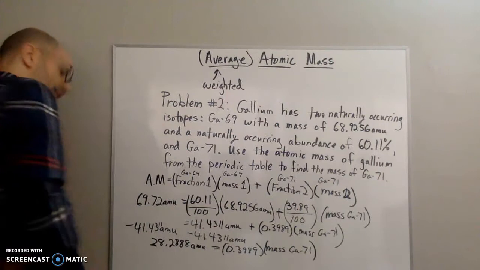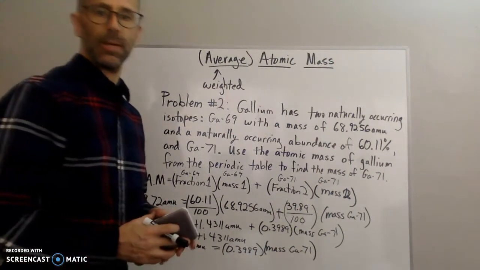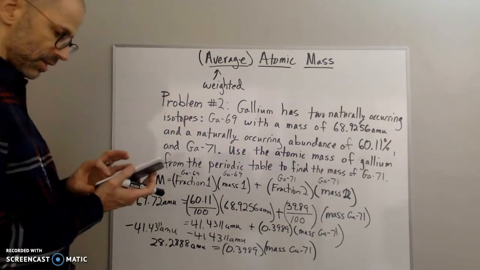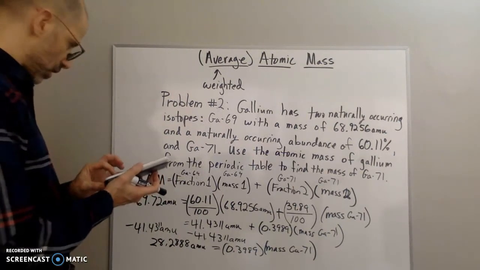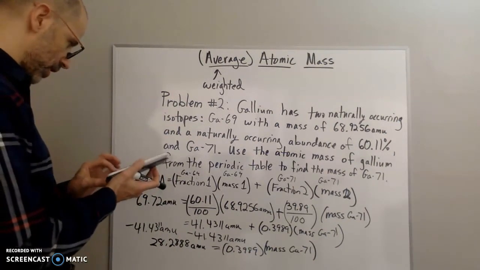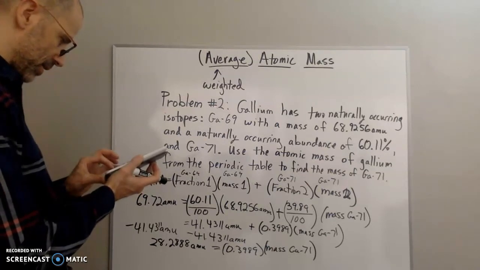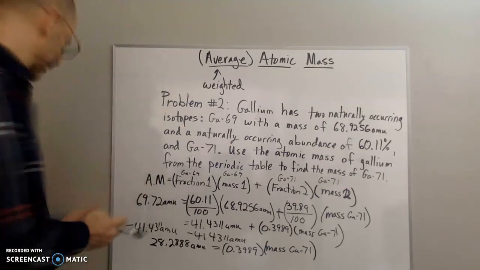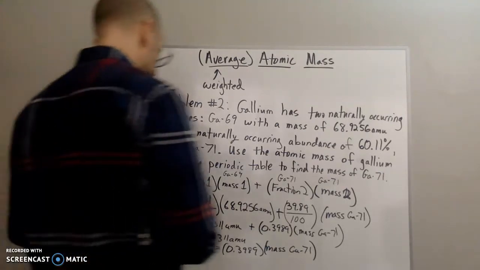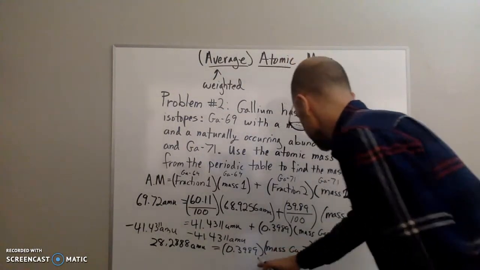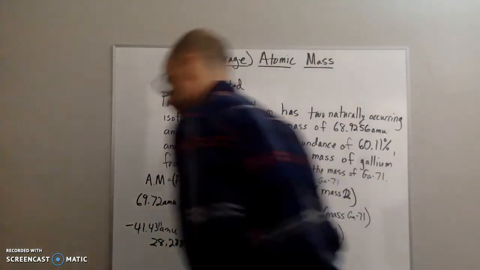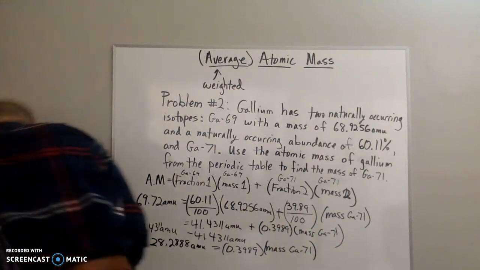And now finally, all I have to do is divide this by 0.3989, and I get the mass of gallium-71 is going to be 70.917.